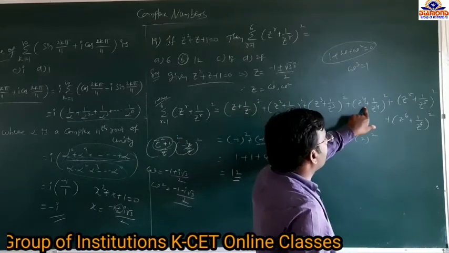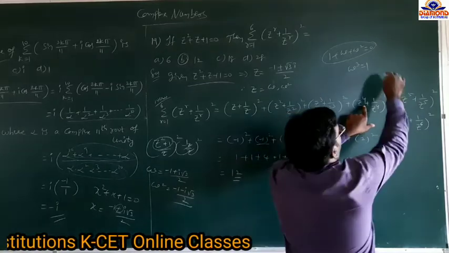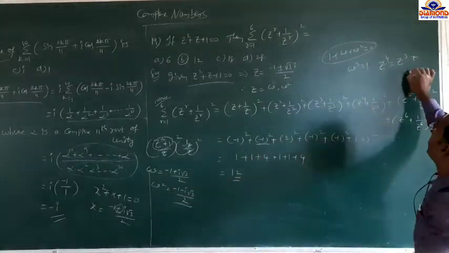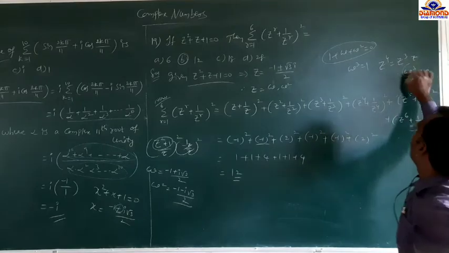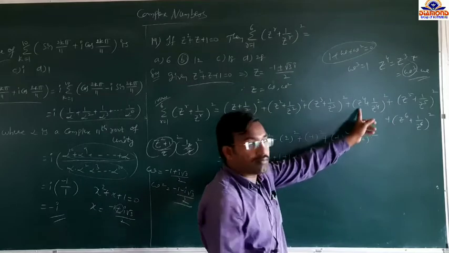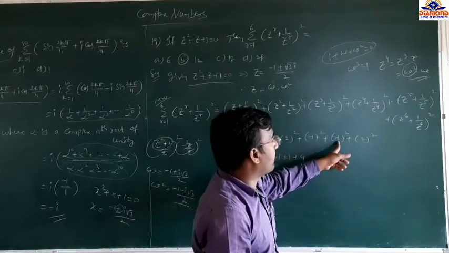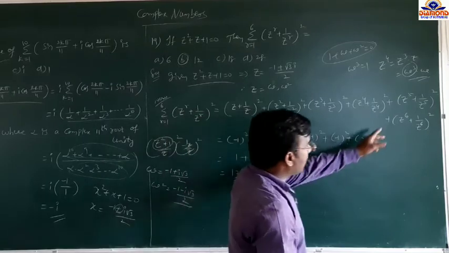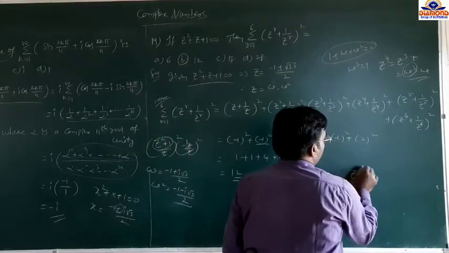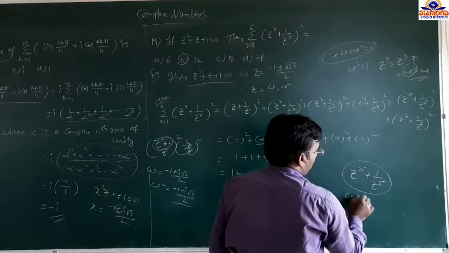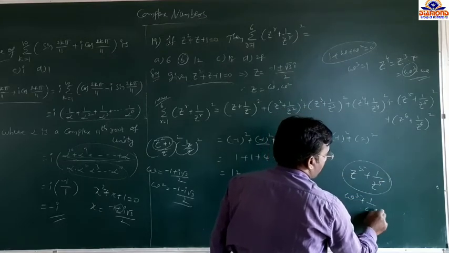Next, here also the same: z power 4 can be written as z cube into z. That is nothing but omega cube into omega. Omega cube is 1. So it indicates omega plus 1 by omega. Omega plus 1 by omega is nothing but minus 1. So minus 1 whole square. Next z power 5: z power 5 plus 1 by z power 5 is nothing but omega power 5 plus 1 by omega power 5.